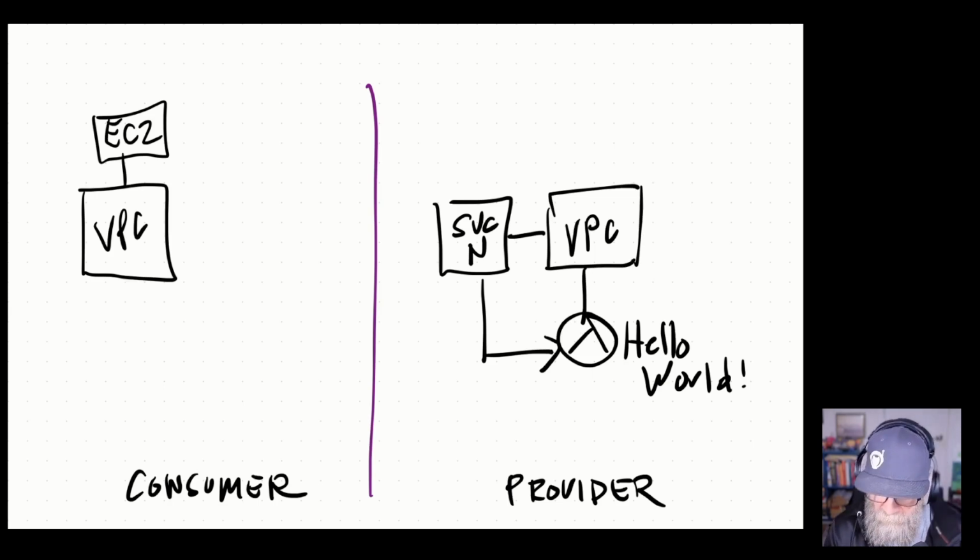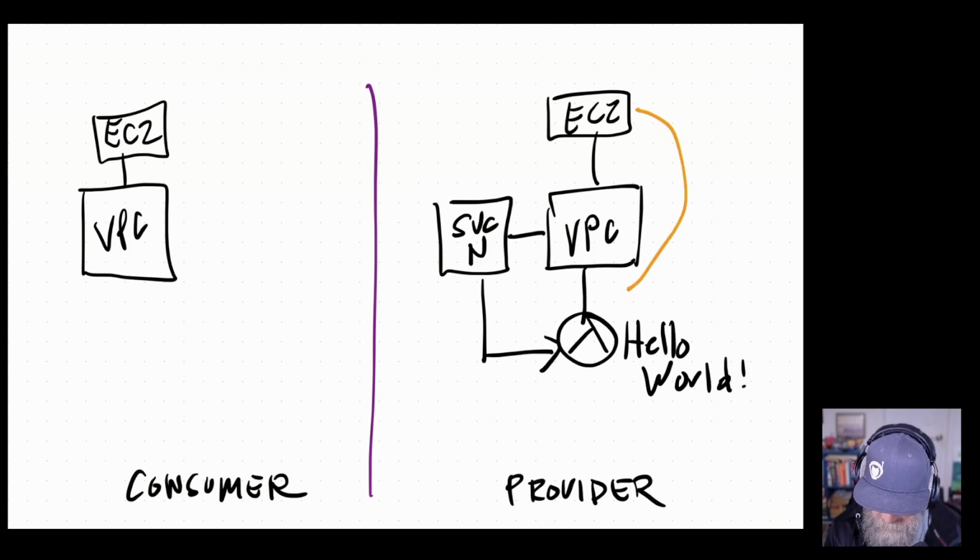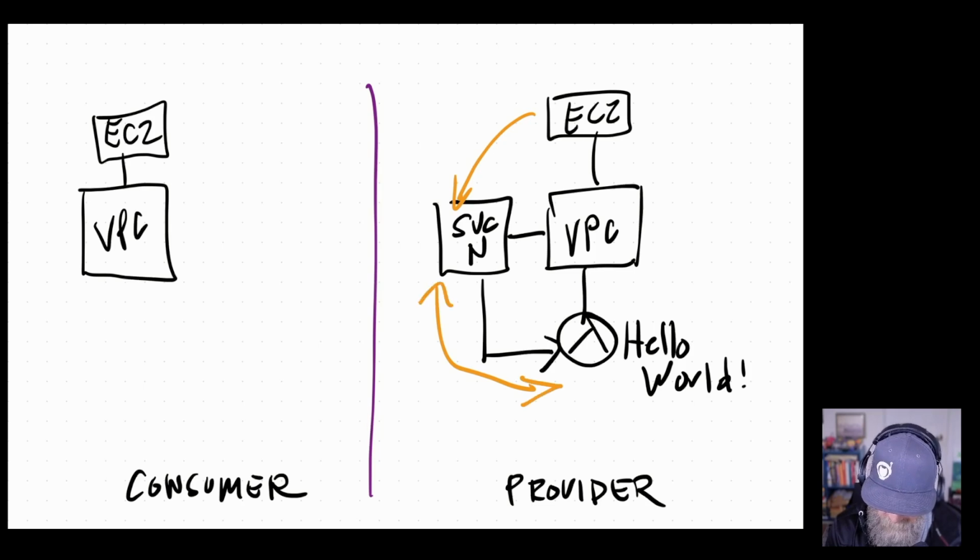And then we wrapped up by creating an EC2 instance here. And if you remember, we tried to test from this EC2 instance through the service network to the Lambda function, right?